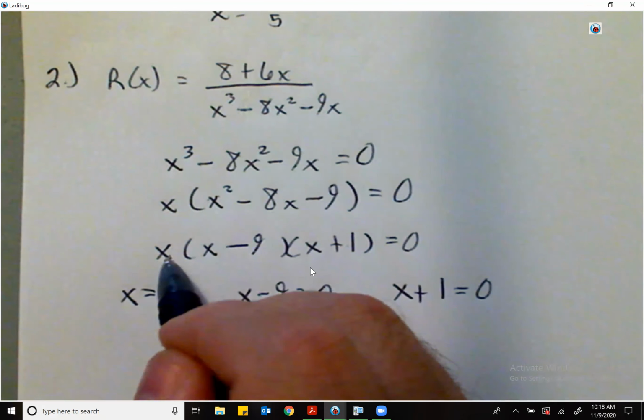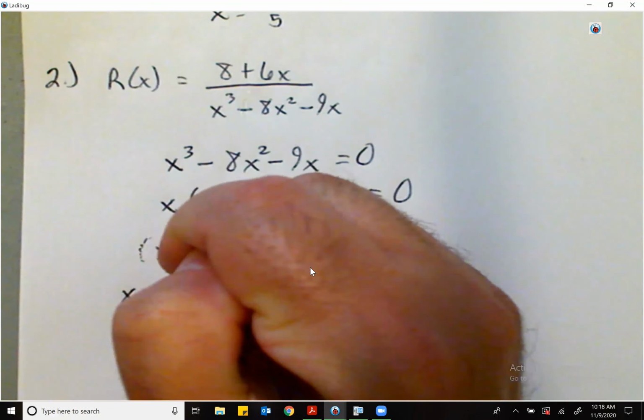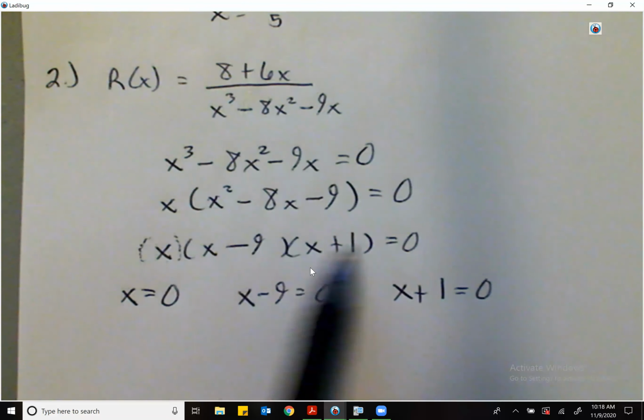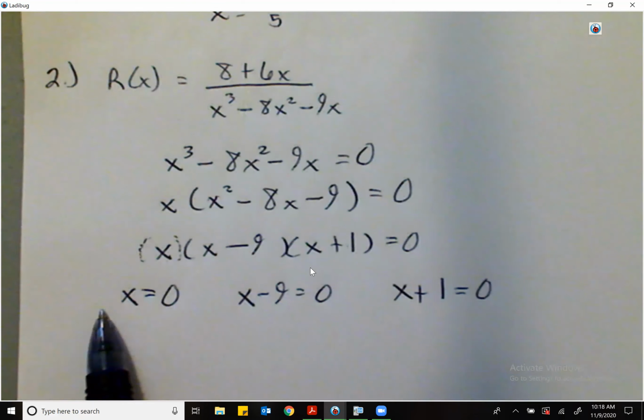The GCF does have a parenthesis around it; we just normally don't write it, but there is an invisible parenthesis there. So all my parentheses get set equal to 0, even the GCF. Is there any solving here when we look at x equals 0? No, so that's one of our answers.